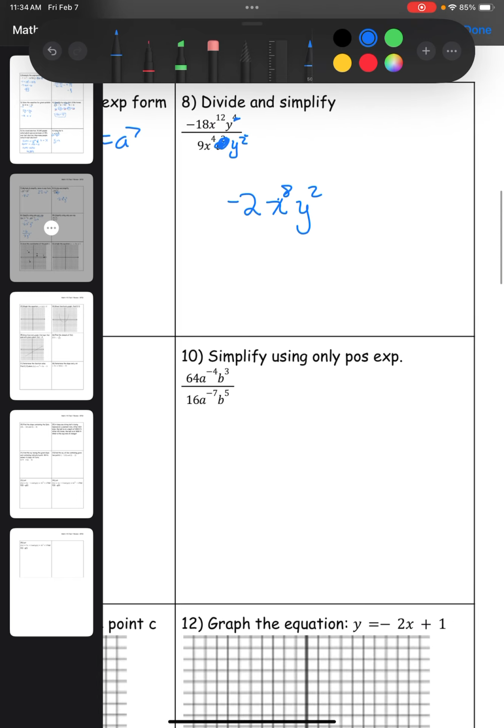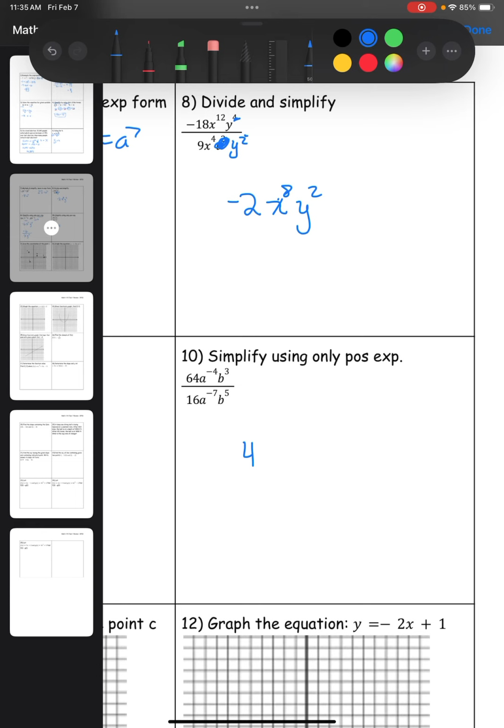Number 10 is very similar, wanting you to get positive exponents, but you're dividing, not multiplying things with exponents. So let's get that 64 divided by 16 out of the way, which is just a 4. Then we're left with a to the negative 4th divided by a to the negative 7th. Now there's multiple ways to do this.